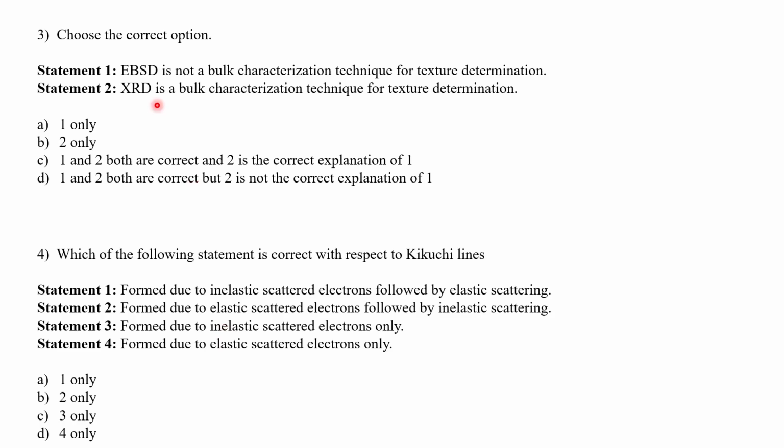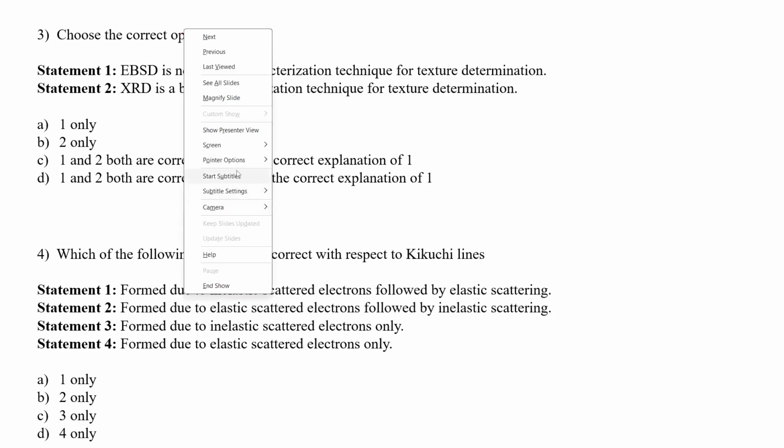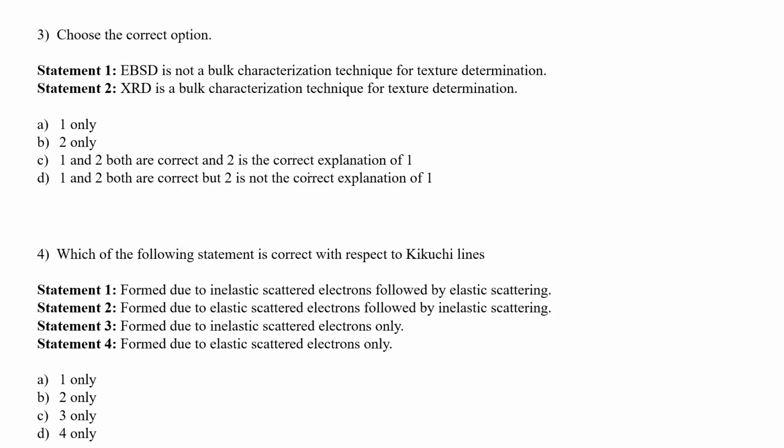So the last question, the third question says choose the correct option. Statement 1 says that the EBSD is not a bulk characterization technique for texture determination. Is this statement correct or false? This is completely correct, because it will tell you only about the surface, about 20 nanometer deep surface, not about the bulk characterization.